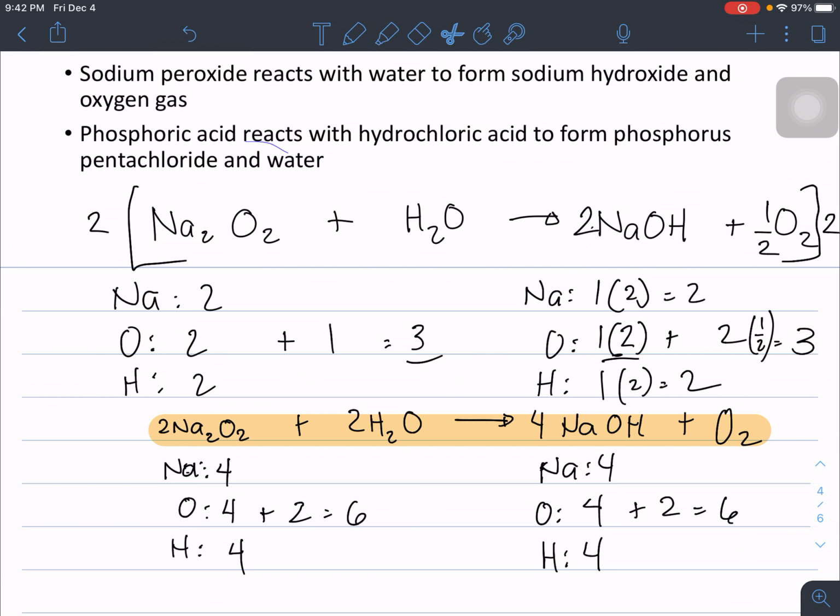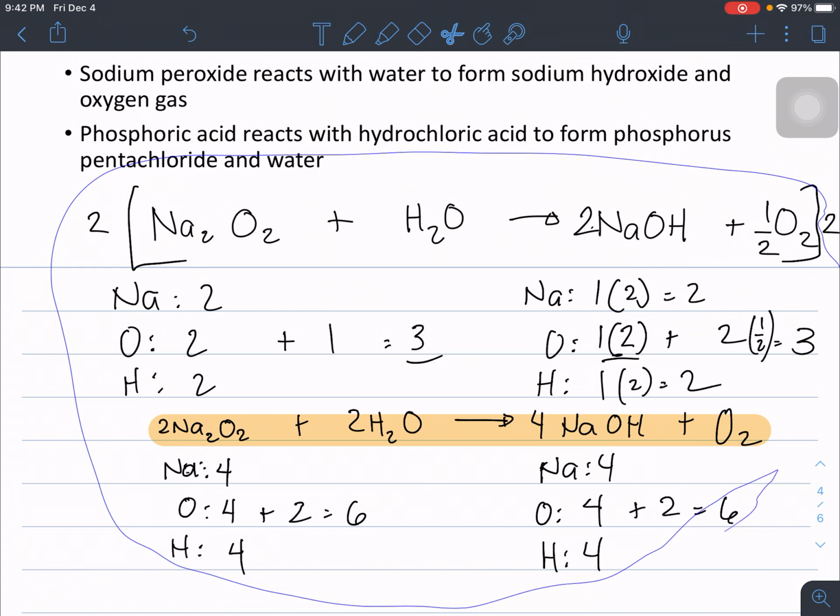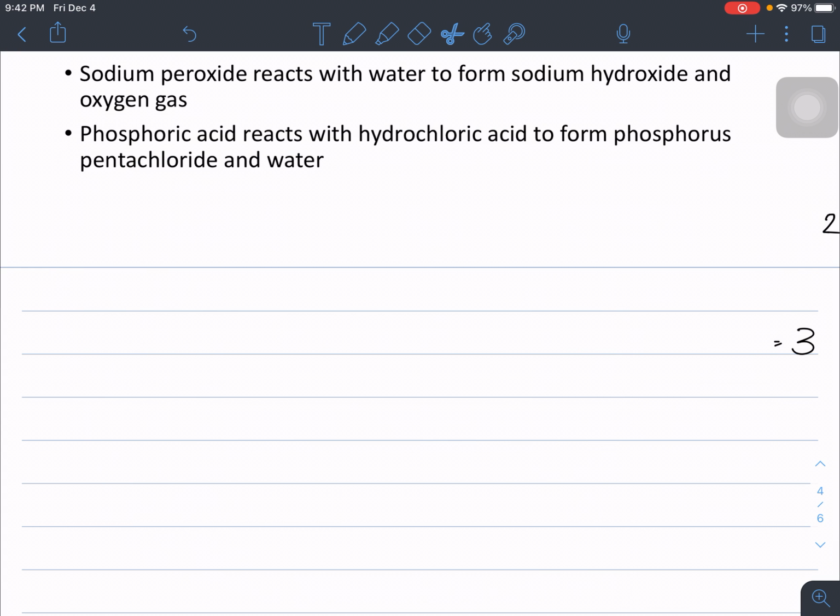Okay, and last example, let's have a last example. So phosphoric acid is H3PO4, reacts with HCl to form phosphorus pentachloride, which is PCl5, plus H2O.